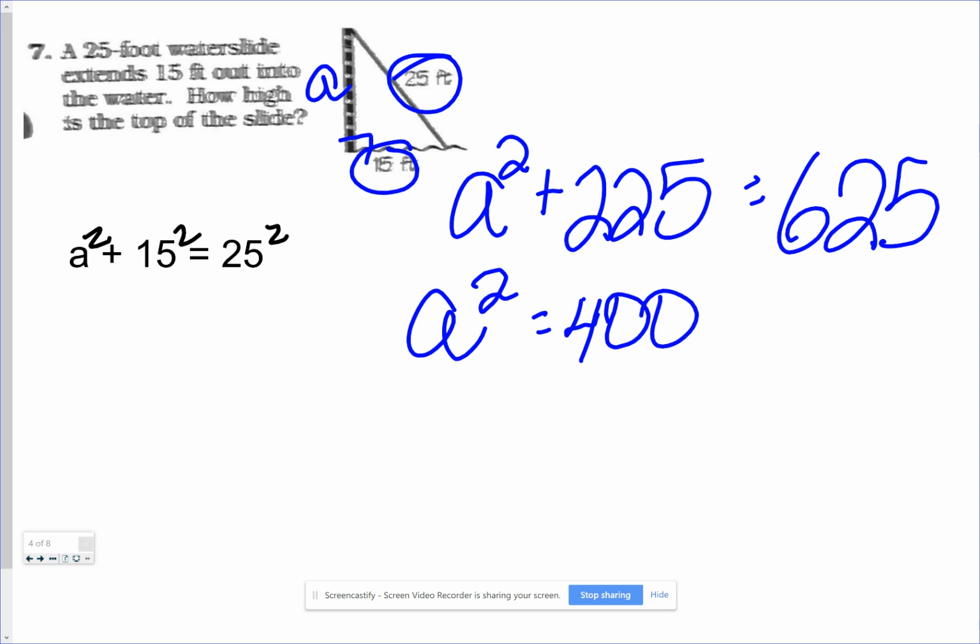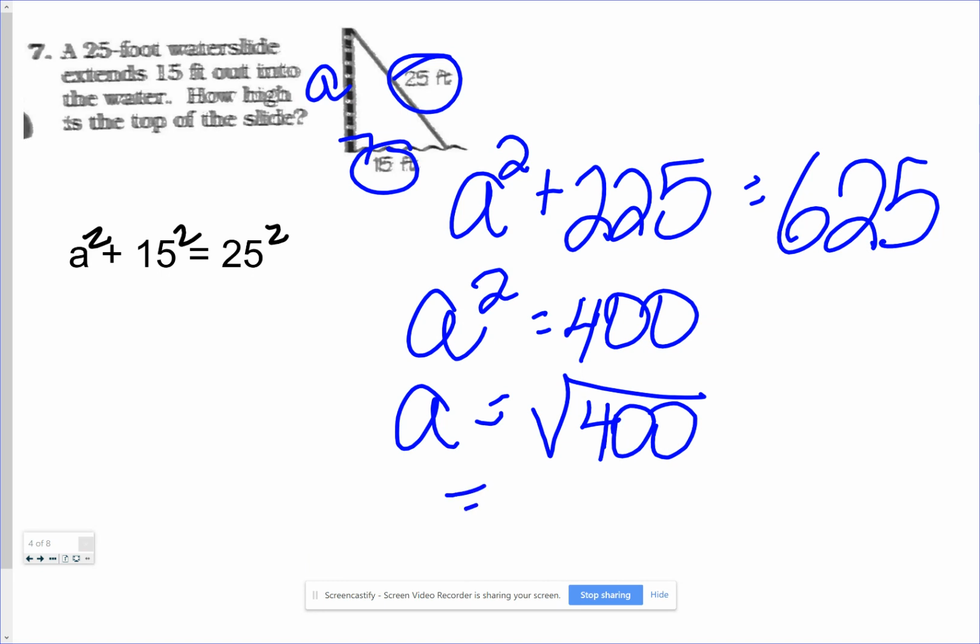We get exactly 400, which is cool because 400 is a perfect square, which means when we take the square root, we get a whole number. And you are going to end up with A being equal to a value of 20 feet. Boom, find that one down below.